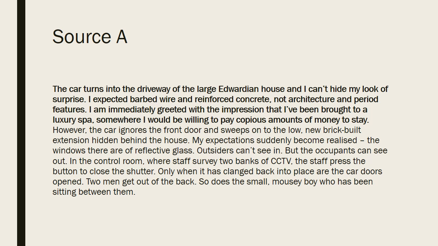So he expects what he would see as a prison, barbed wire, reinforced concrete. And he's surprised because he sees a large Edwardian house, a very posh place. And he tells us that his initial impression is it's like a luxury spa, somewhere he'd pay copious amounts of money to stay.